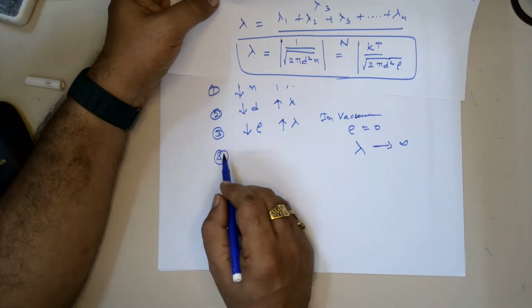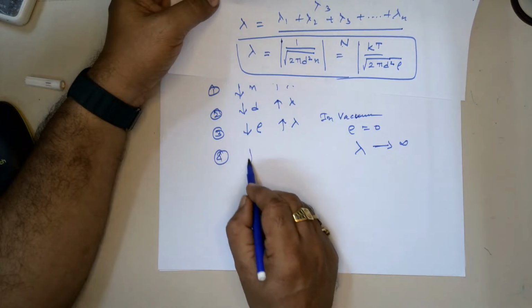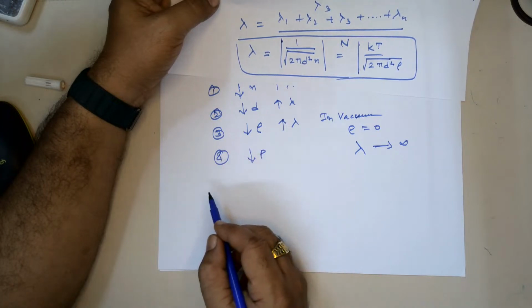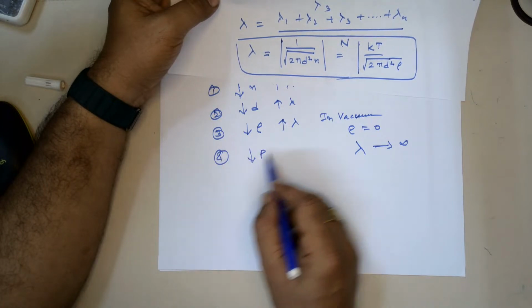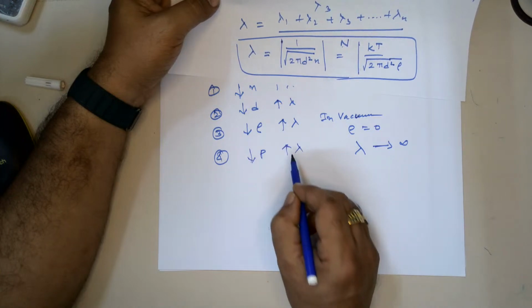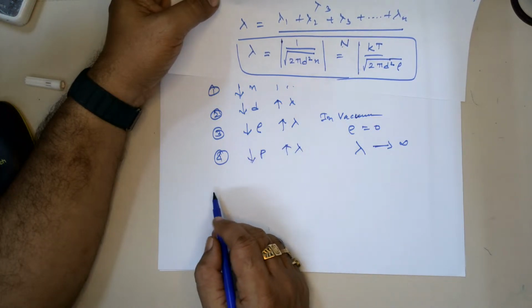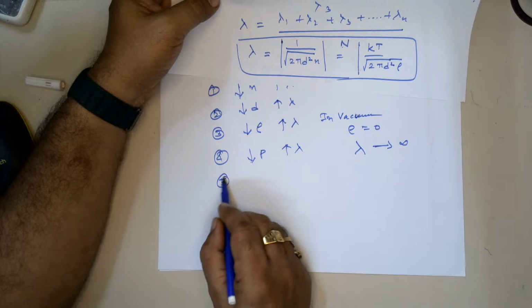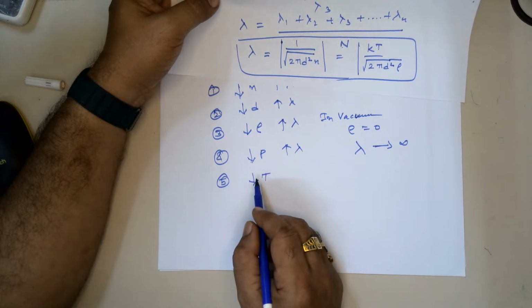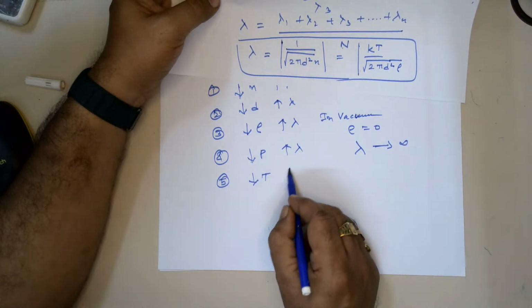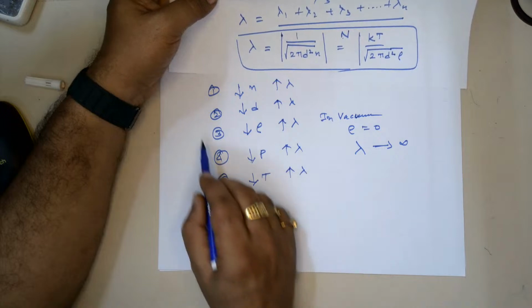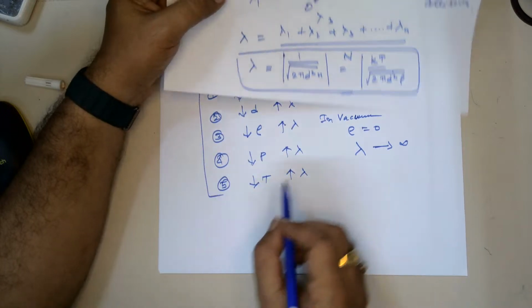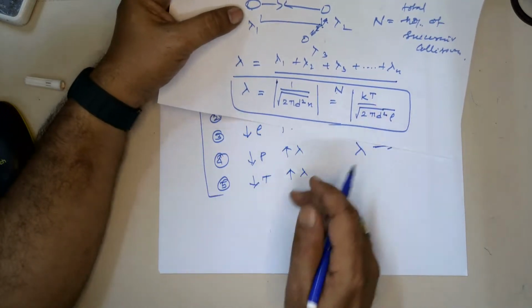And fourth statement, smaller the pressure, when the pressure is less, then larger will be the mean free path. So all these statements are given based on these two equations.